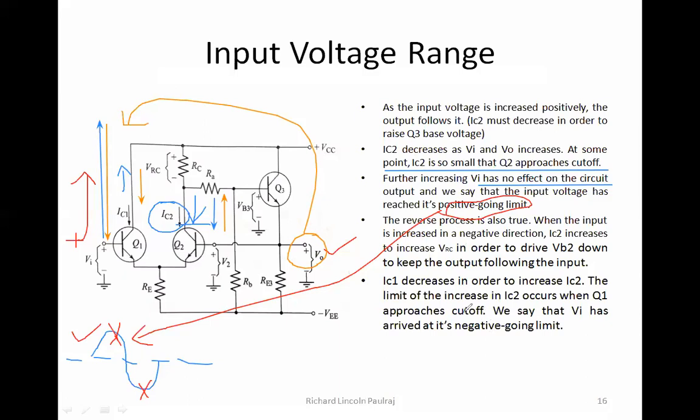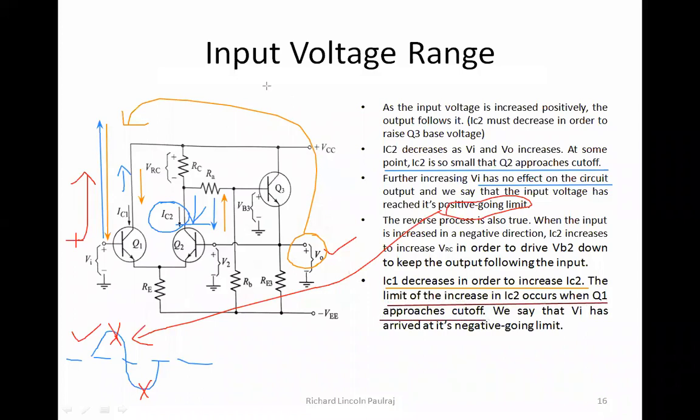Okay. So in this case, as we saw, my IC1 decreases in order to increase IC2. That is true, right? And the next one that we're going to see is the limit of the increase in IC2 occurs when Q1 approaches cutoff.